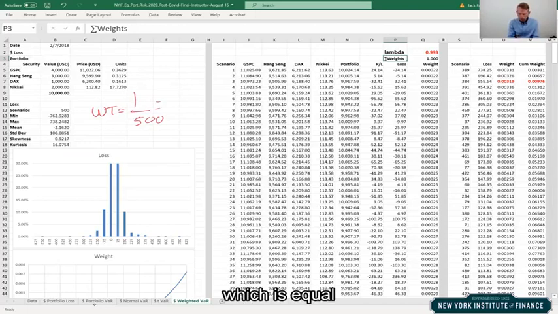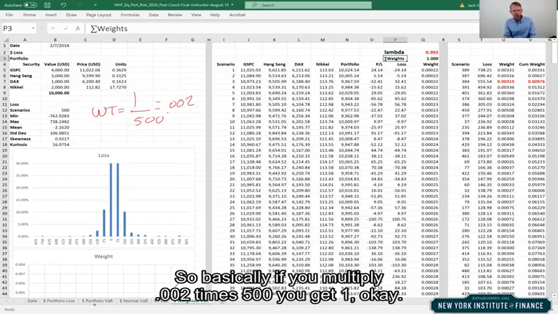Which is equal to 0.002. So basically, if you multiply 0.002 times 500, you get 1. Okay.